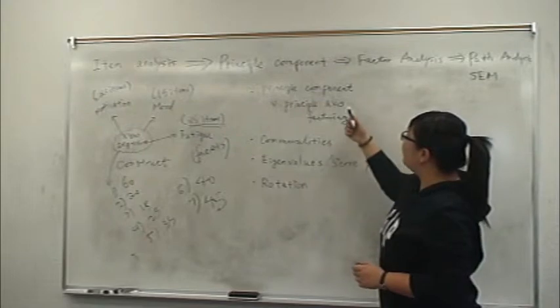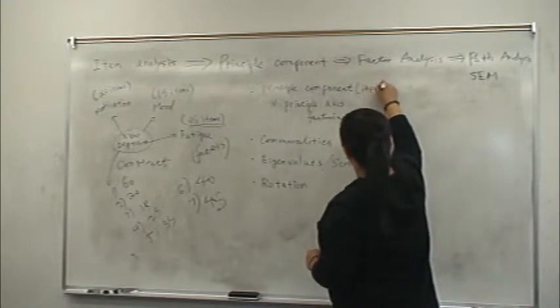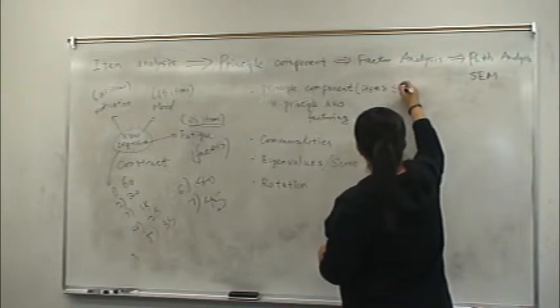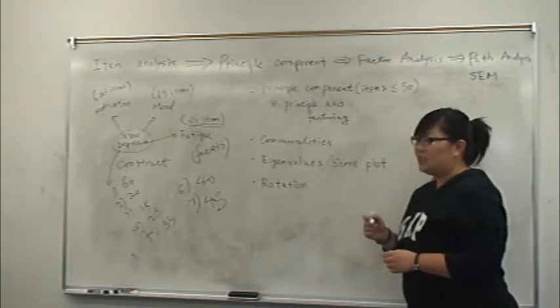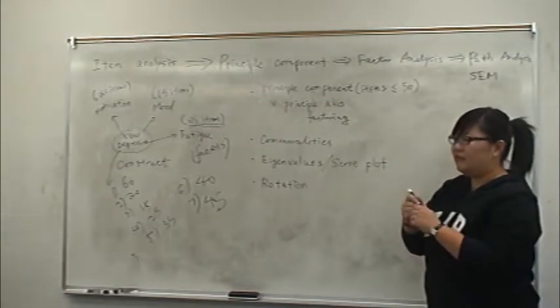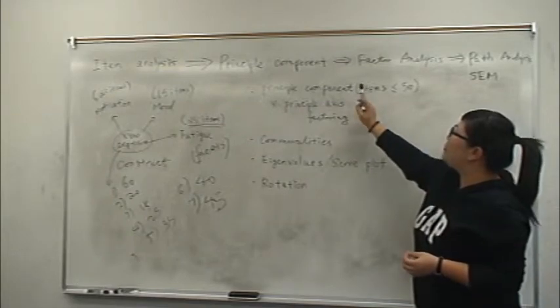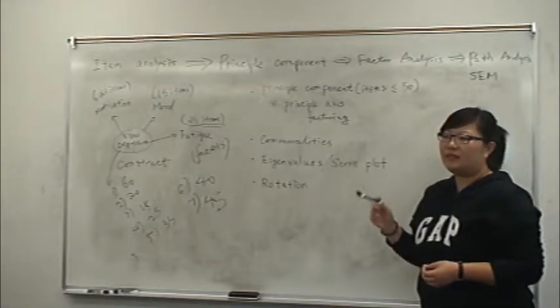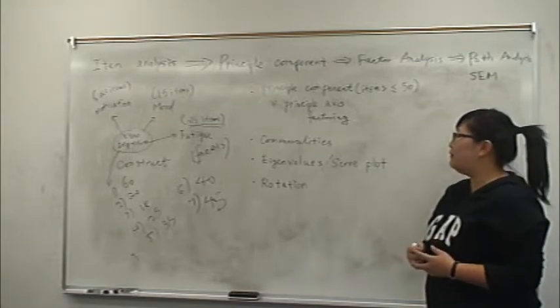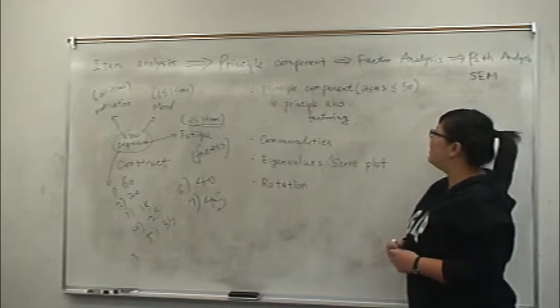The only time that you're going to use principal component is when your items are less than or equal to 50. That's the only difference you need to know. You can still use principal component when your items are more than 50, but the chance is that you're not going to get good results from principal component analysis.